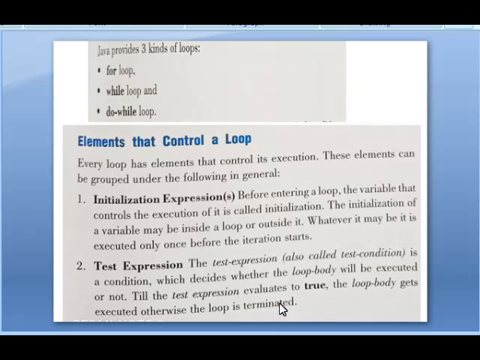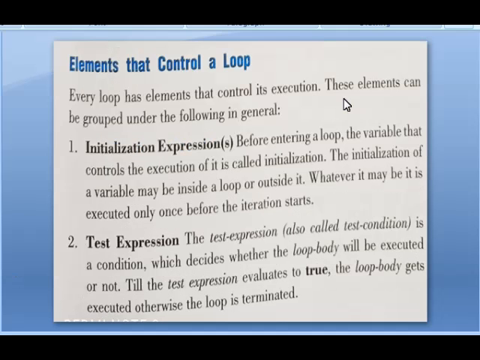The loop first checks the condition and decides whether the statements inside the loop are to be executed or not. If it is true, it will execute; if the condition becomes false, it will terminate the loop.